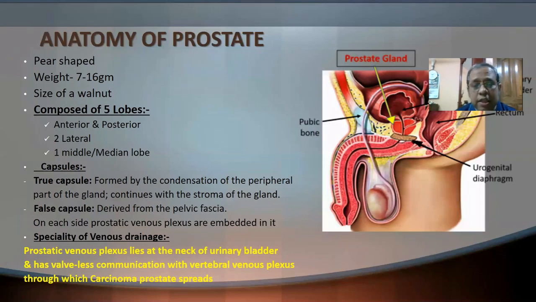This spread happens when the patient micturates, defecates, sneezes or coughs, causing intra-abdominal pressure. At that time, venous return through the systemic circulation is impaired, venous pressure increases, and blood migrates through the vertebral venous plexus, and the cells migrate there. It is a very important key point. All students must remember it.